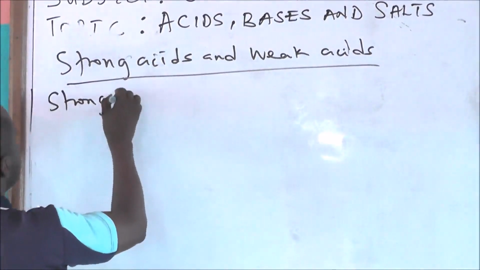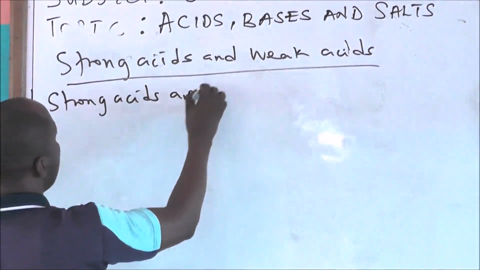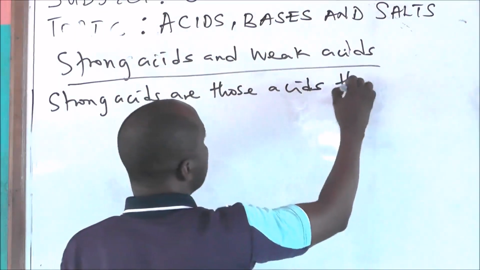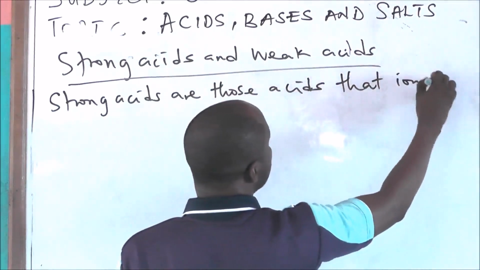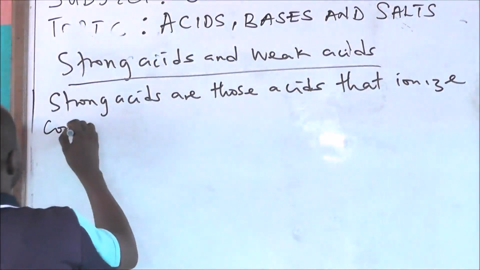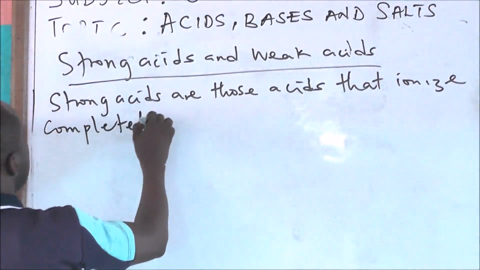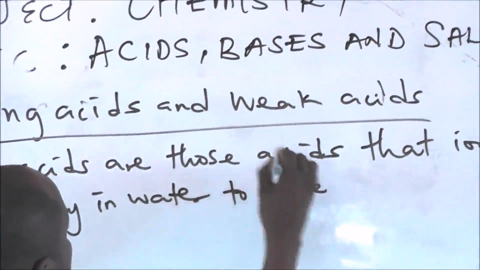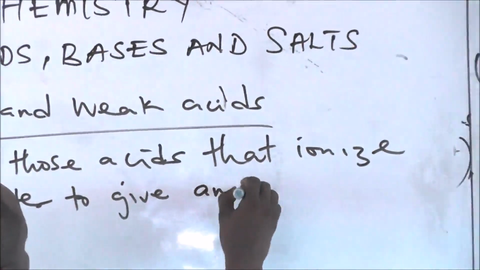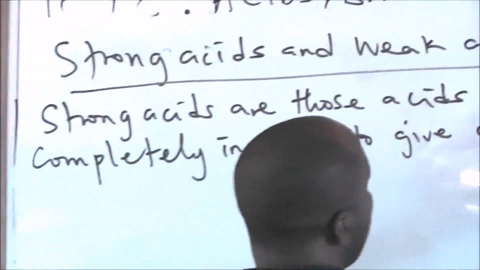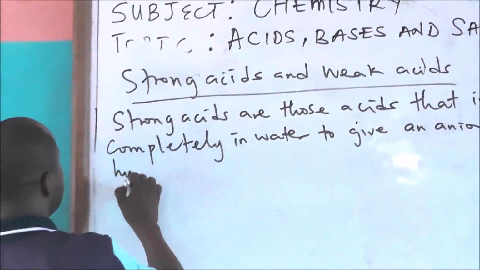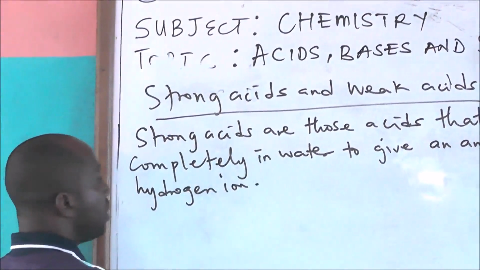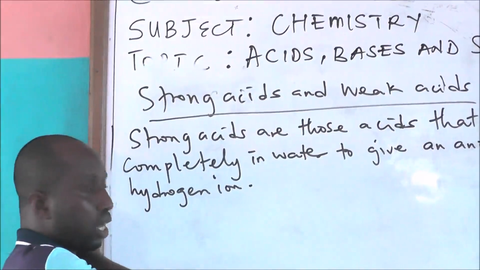Strong acids are those acids that ionize completely in water to give an anion and hydrogen ion. So these are strong acids.